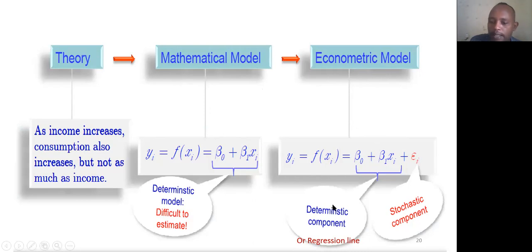This part is called the deterministic component or regression line model. The regression line shows us only the deterministic part, and this part is called the disturbance or error term, or stochastic. And here the value is not known, it is error or stochastic.